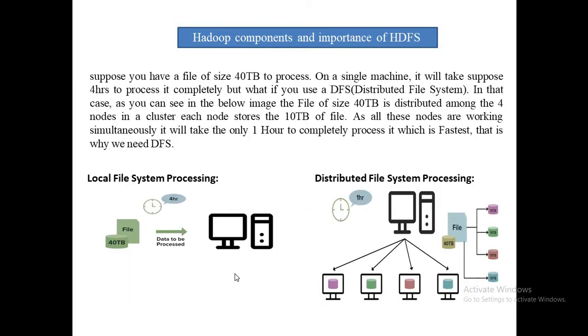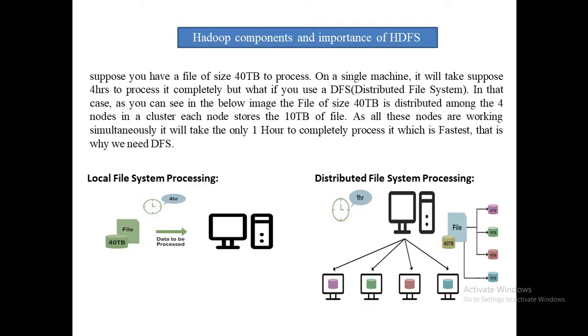I have taken one example to help you understand. Suppose you have a file of size 40 terabytes to process. On a single machine, it will take, suppose, 4 hours to process it completely. But what if you use a DFS?